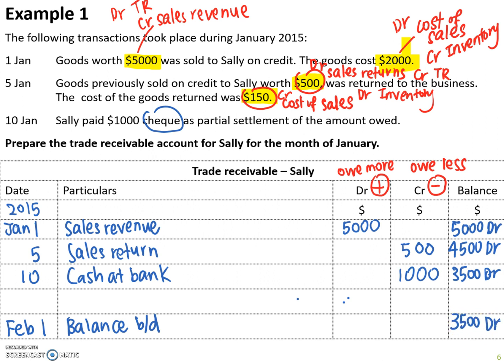Okay, why do we need to bring down the balance instead of transferring to profit and loss? Because this account, trade receivable Sally, this is my asset. Therefore, we need to have a balance brought down. If it was an expense or income account, by now you should know that we must transfer to profit and loss.